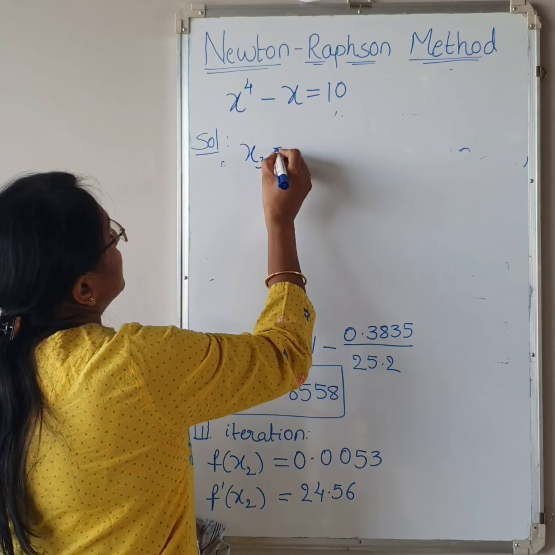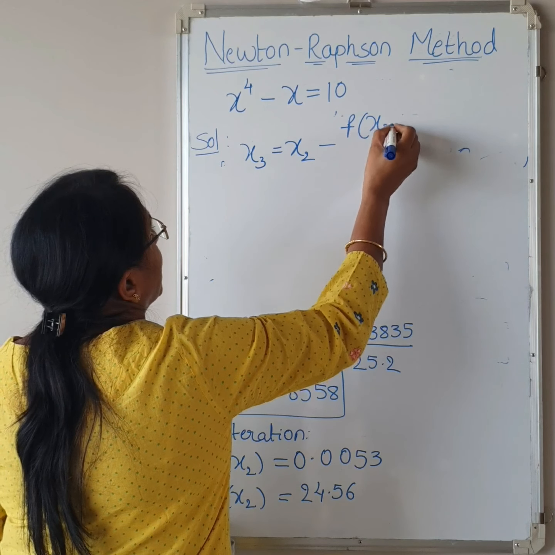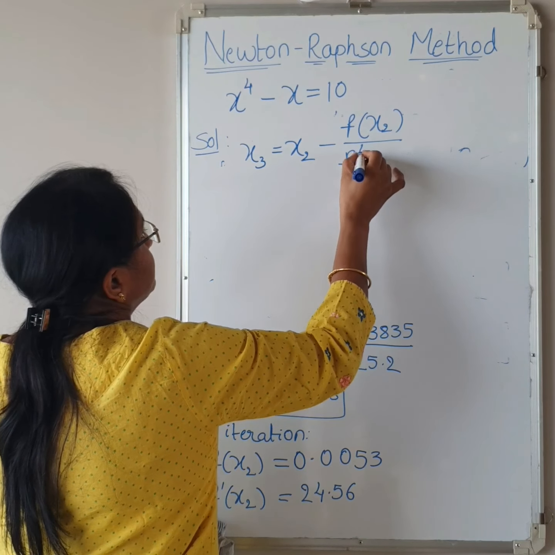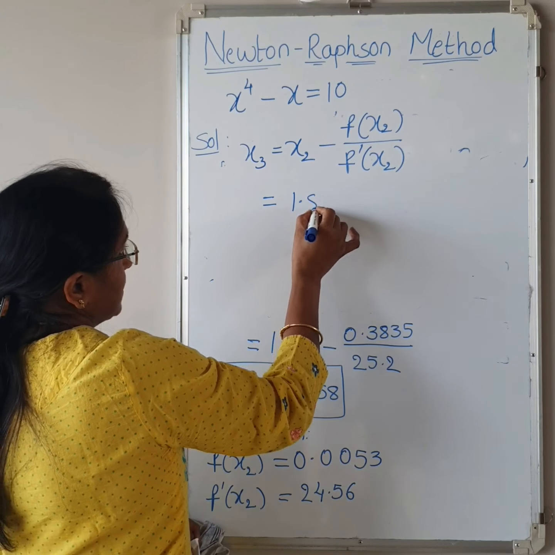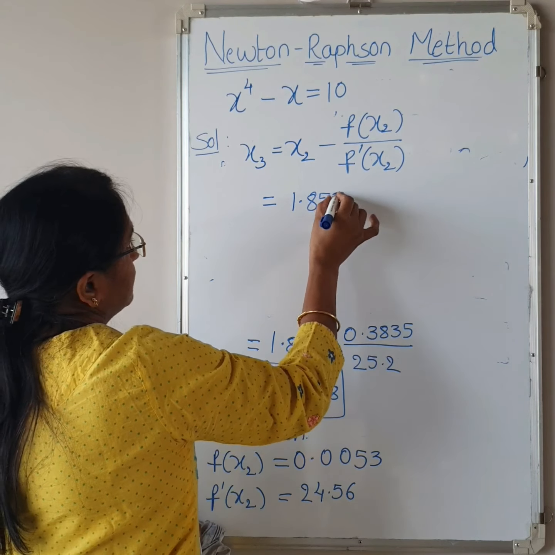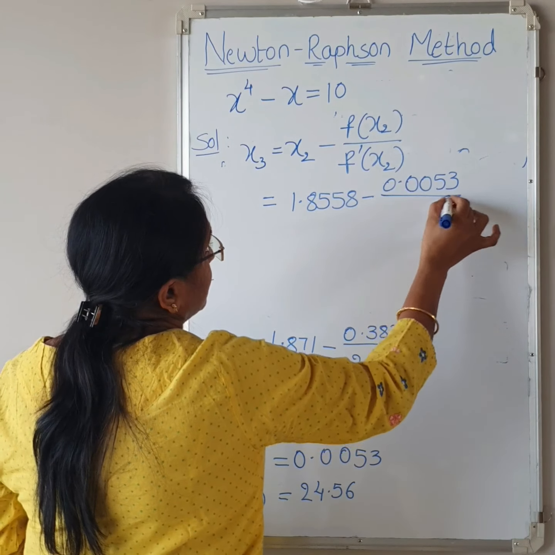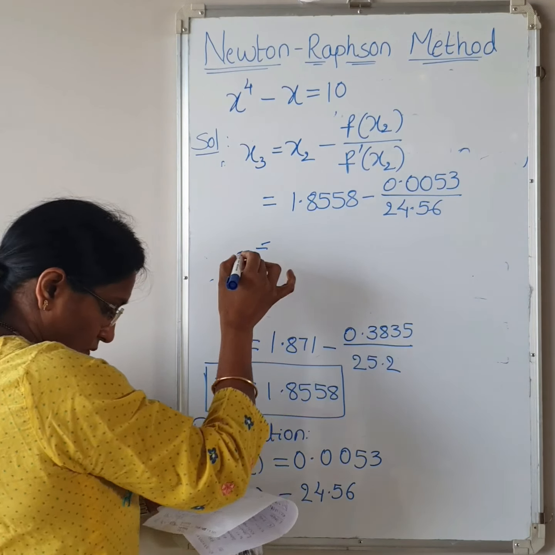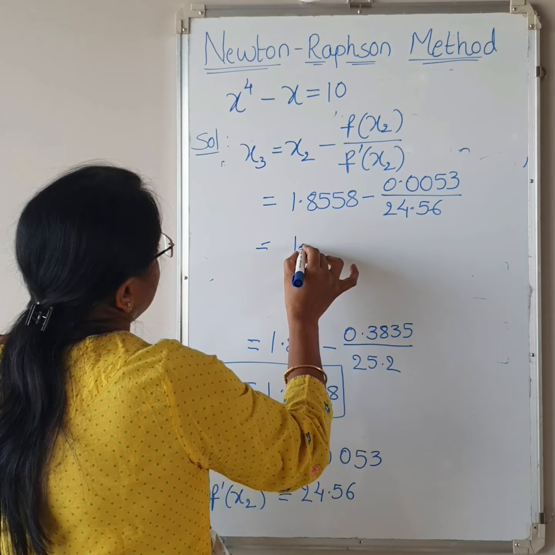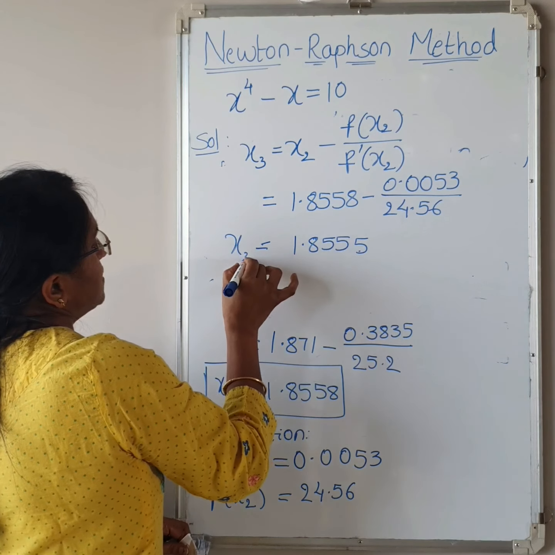So for the third iteration, we will write the formula and find the third approximate root. x3 is equal to x2 minus f(x2) divided by f dash x2. Substitute the values: x2 is 1.8558 minus f(x2) is 0.0053 divided by 24.56. It is equal to 1.8555.